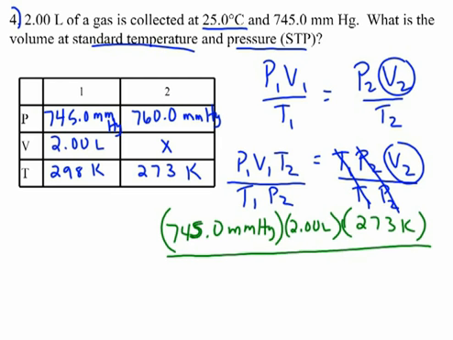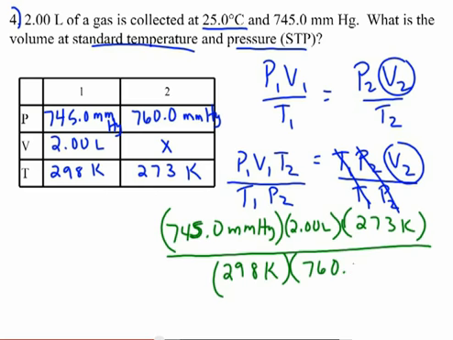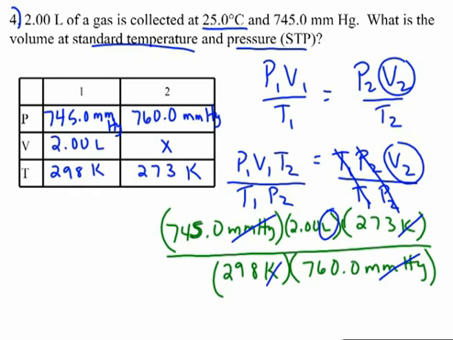We're going to divide that by T1, 298 Kelvin, multiplied by P2, which is 760.0 mmHg. You can see that mmHg's cancel, Kelvins cancel, leaving you with the only unit of liters.